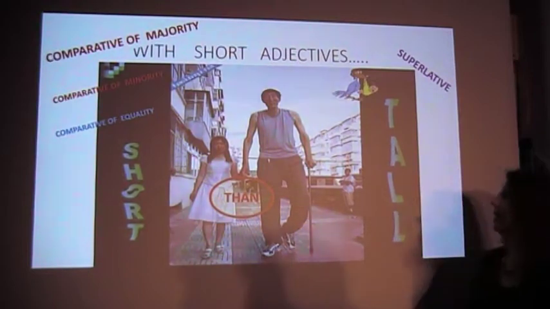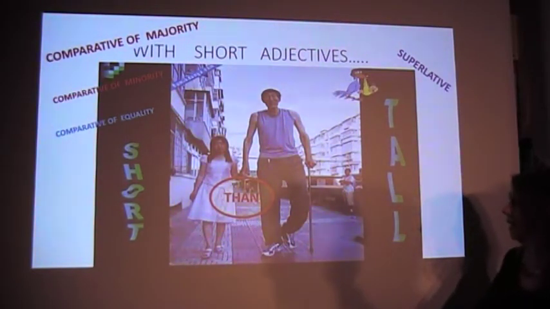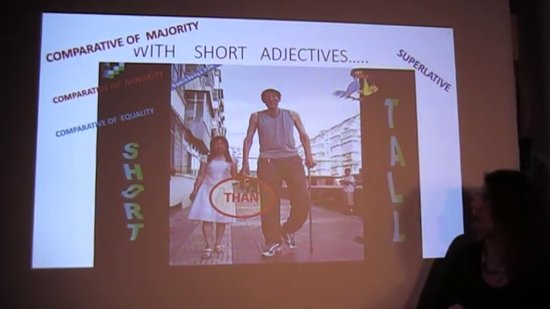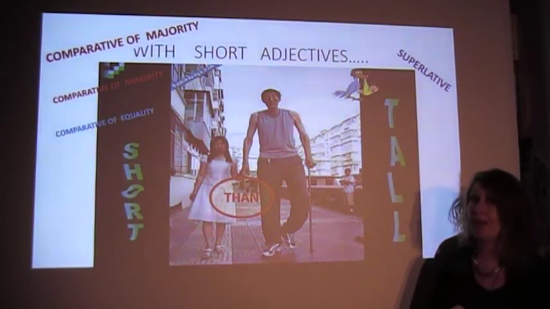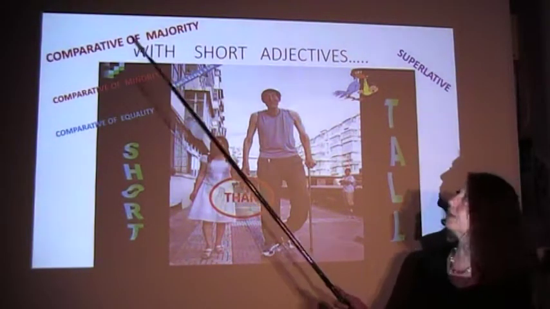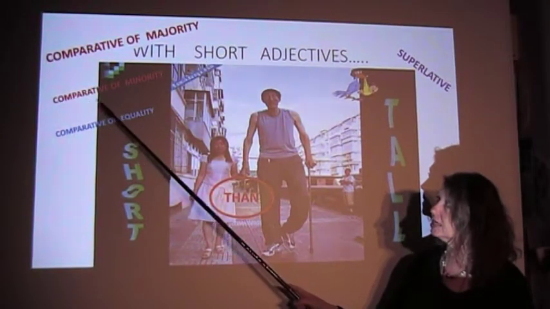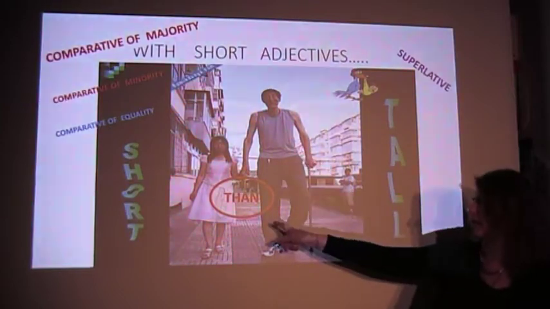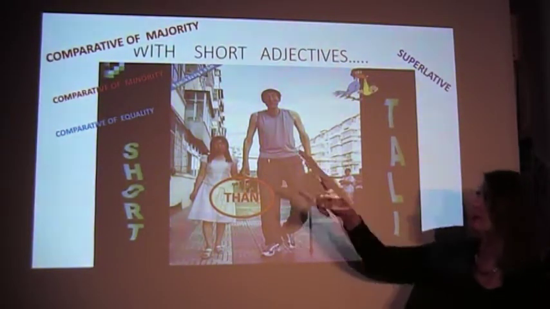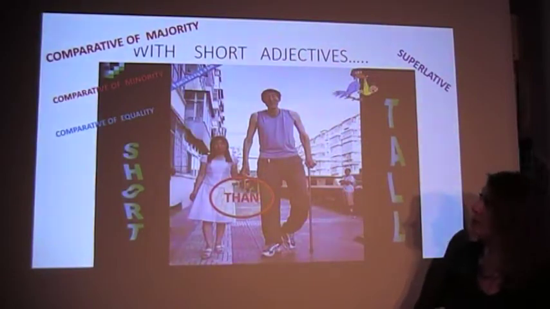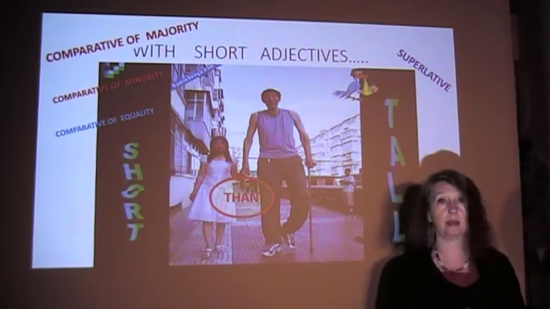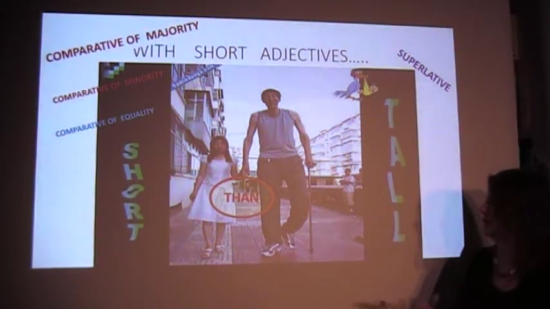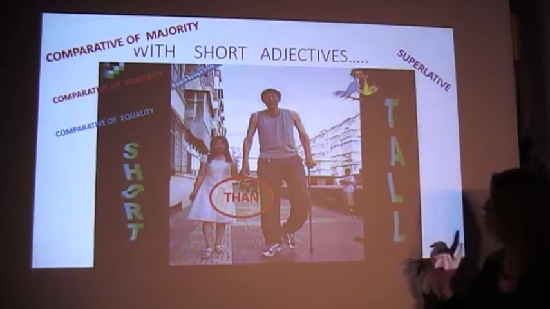Okay, now here I've written in red than, because you must remember than with comparative of majority and comparative of minority. So they are red, than, and the written part, comparative of majority and minority. Here we have a short adjective, because short is a short adjective, but also tall.